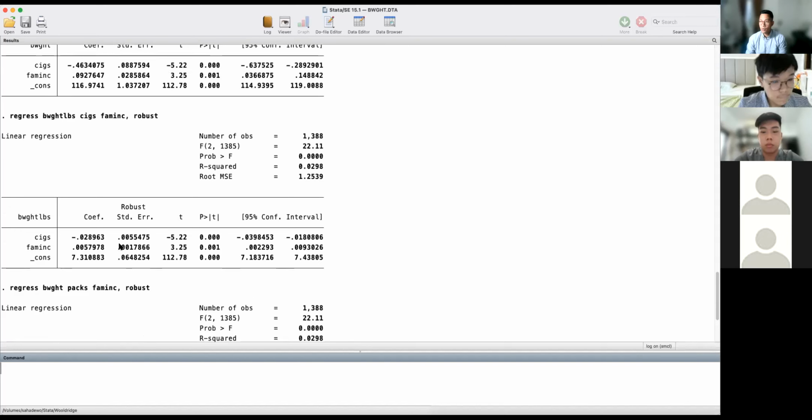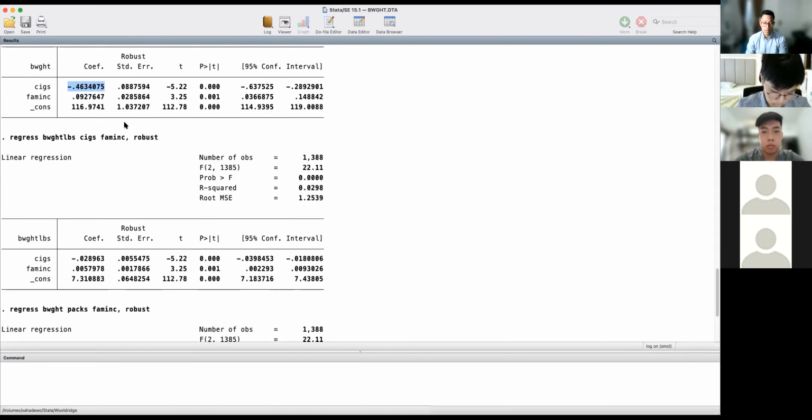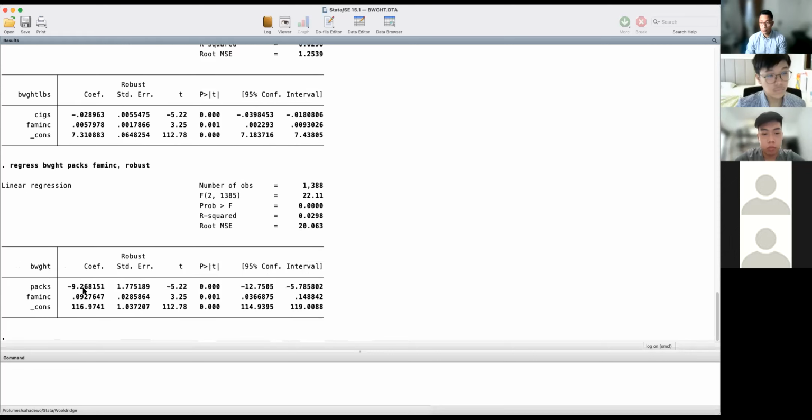Now, in the first regression, the estimated coefficient for the number of cigarettes smoked is about -0.46. After I convert it to packs, the estimated coefficient is multiplied by around a factor of 20. So what's the idea?